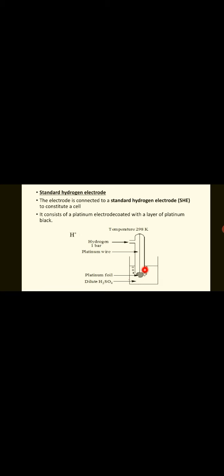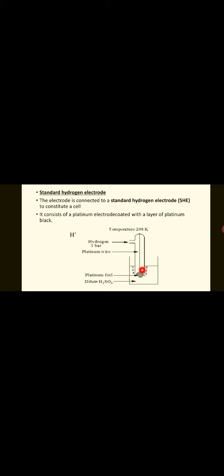of hydrogen ion concentration, and a platinum wire is fitted inside a glass jar which has an opening at the upper end, covering the platinum wire. Hydrogen gas is bubbled inside this glass jacket at 1 bar pressure, and this platinum wire is connected to a platinum foil where adsorption of hydrogen gas is taking place.